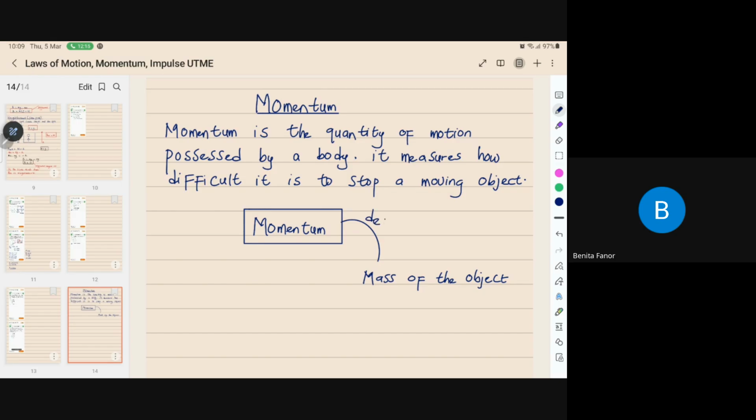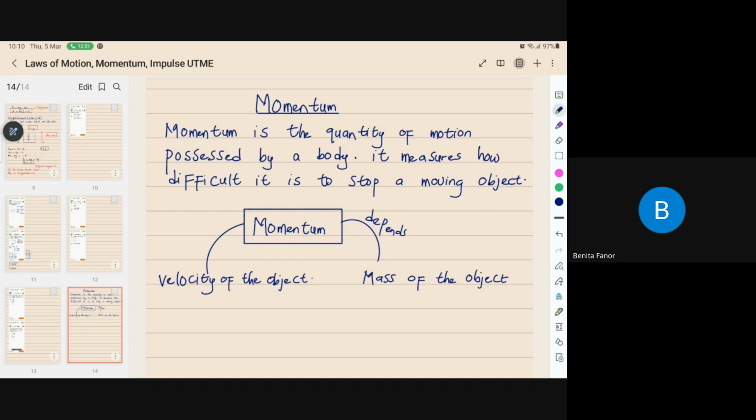It also depends on what? On the velocity of the object. So that is what your momentum depends upon. Anytime you hear about momentum, the mass of the body should come to your mind and the velocity of the body as well. So two key variables that we should pay attention to.